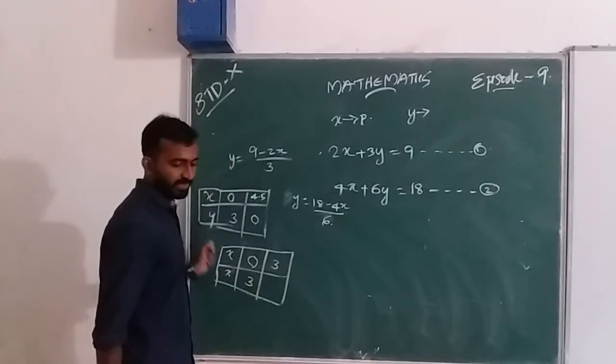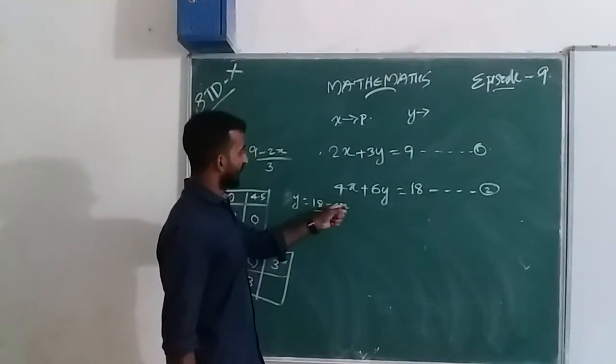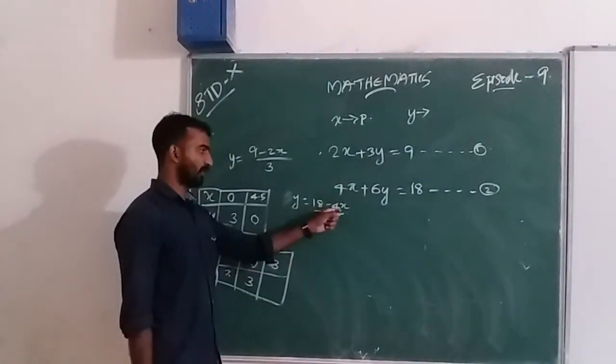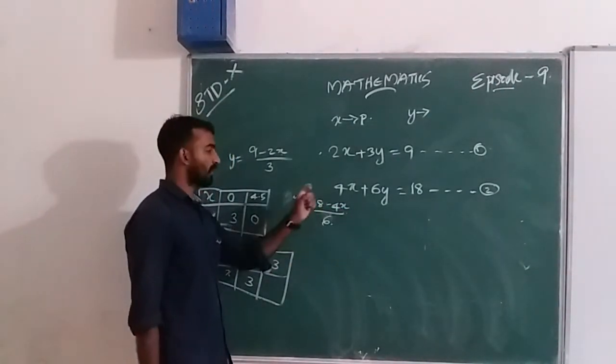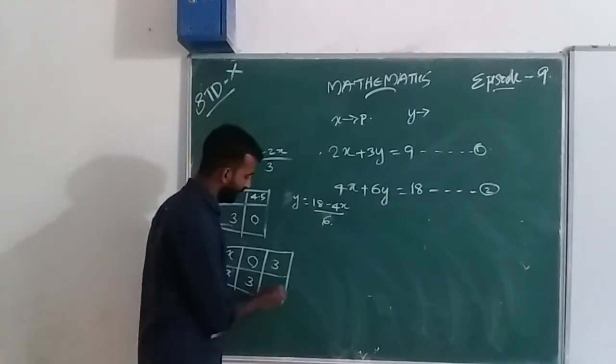When we give x as 3, 3 into 4 we get 12. So 18 minus 12 we get 6. 6 by 6 we get 1.